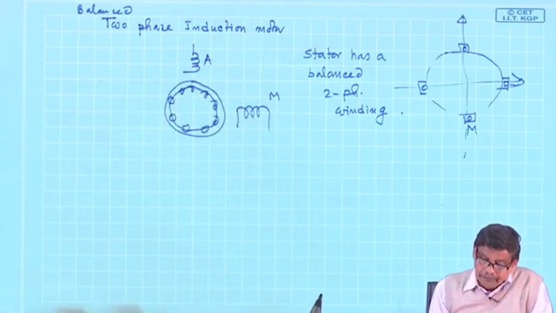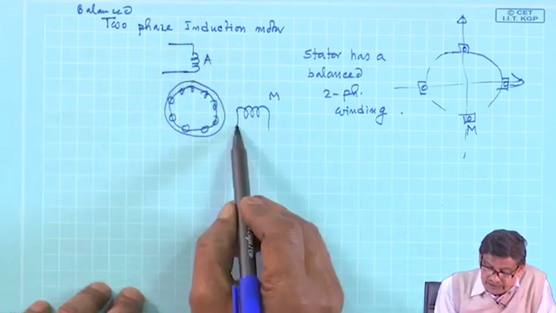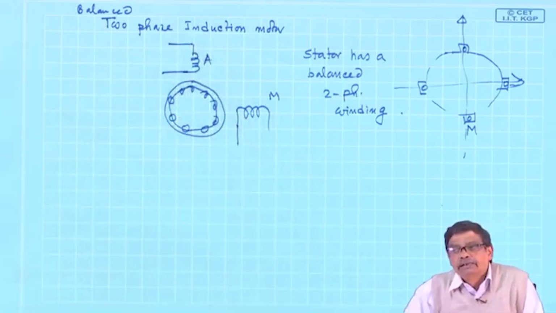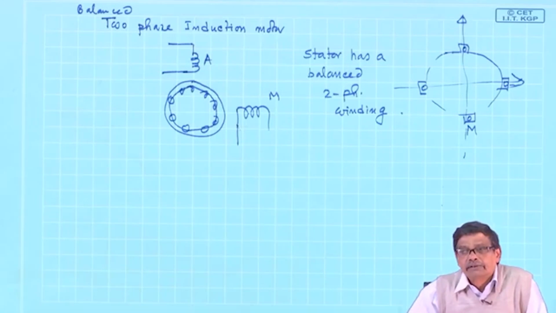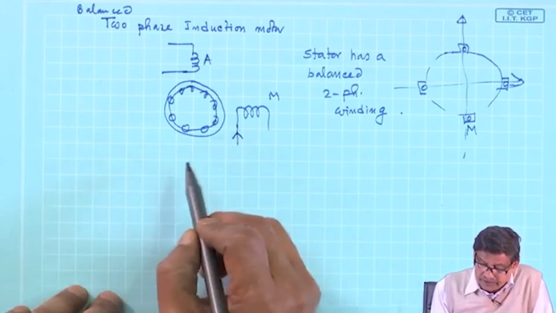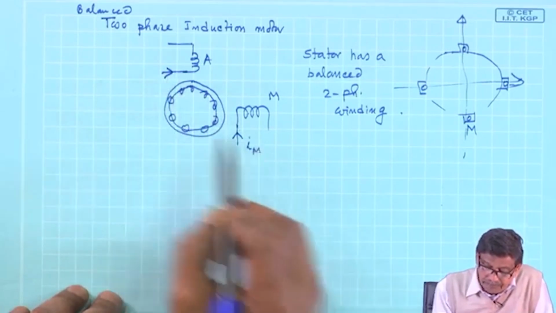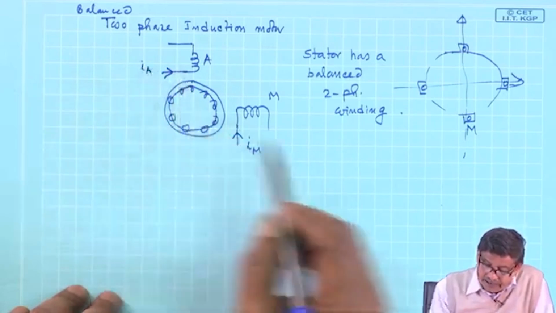That is why A. Now, if these two coils are supplied with balanced two phase current, then it will produce a rotating magnetic field. Therefore, the currents in this coil and this coil are I m and I a.